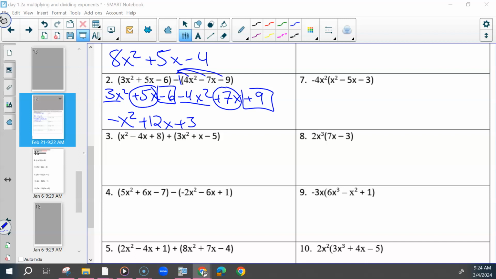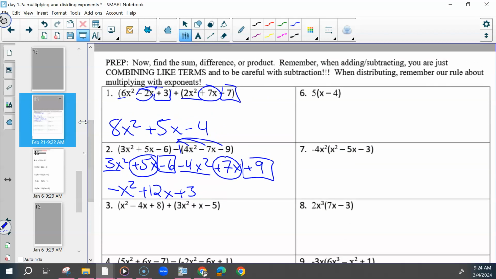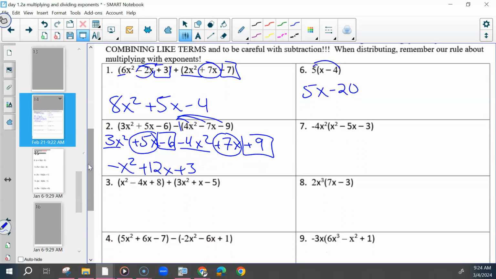Okay, so let's start with 6 then. If we had just a regular number outside of parentheses, what would we do with that number? Distribute, multiply it to everything inside, so what would that become? We're going to do the same thing with all of these, but because we are multiplying things with exponents, we are now adding the exponents together. So we're going to distribute this entire term to each term inside.